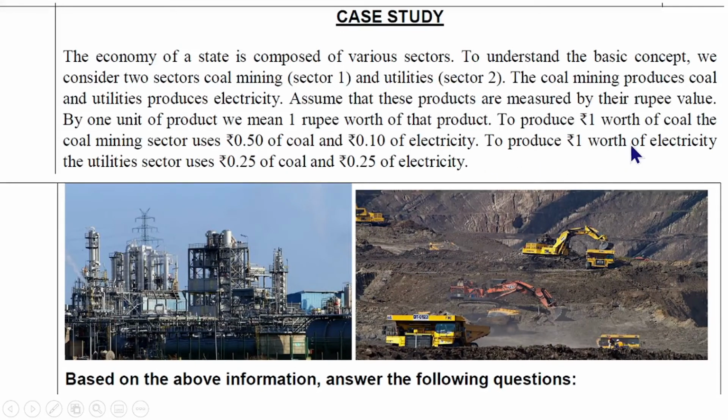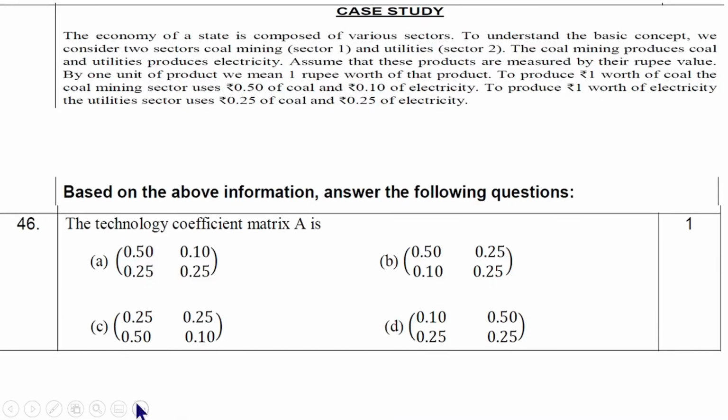To produce rupee 1 worth of electricity, the utilities sector uses 0.25 rupees of coal and 0.25 rupees of electricity. So based on the above information, we have to answer the following question. The question is, the technology coefficient matrix A is. The various options are given here.